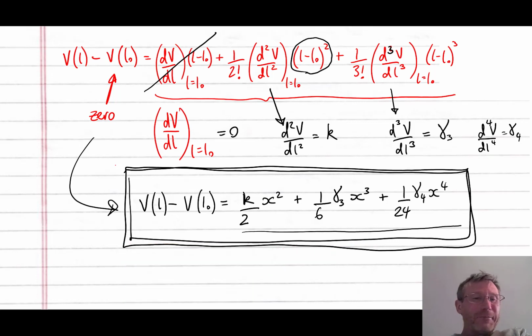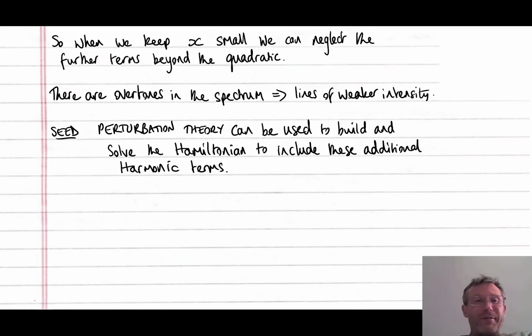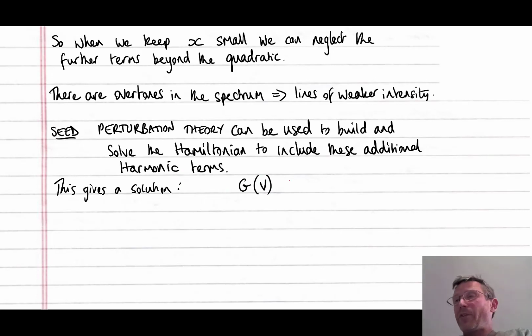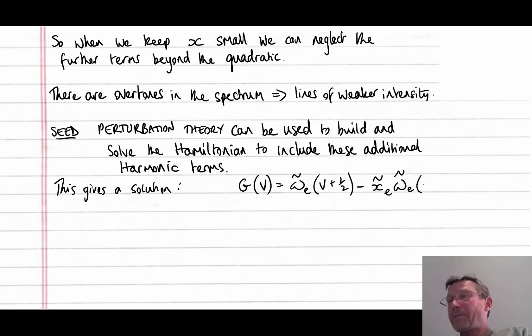And when we do that, this actually gives us a solution as follows. And now this is a customary G-type solution, and we still use the same quantum numbers 0, 1, 2, etc.